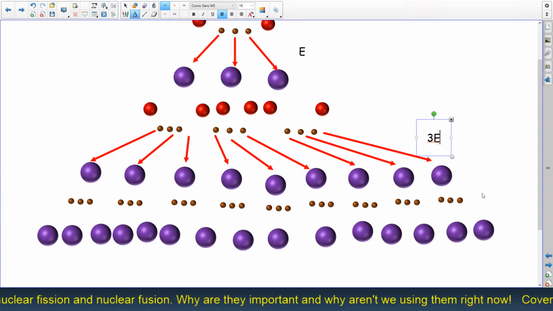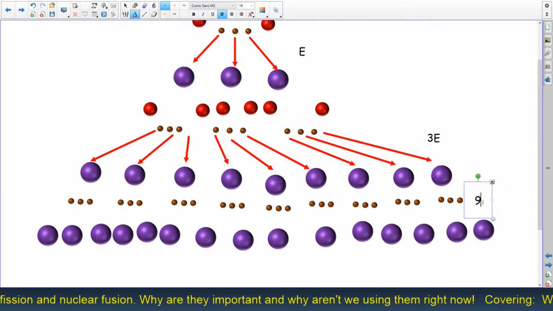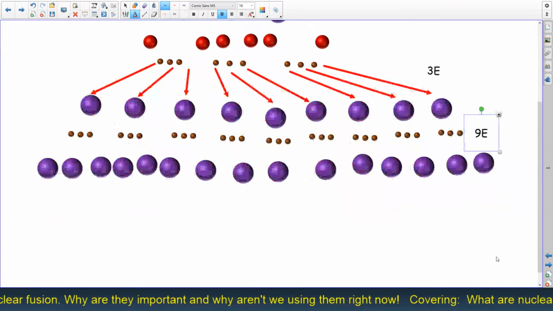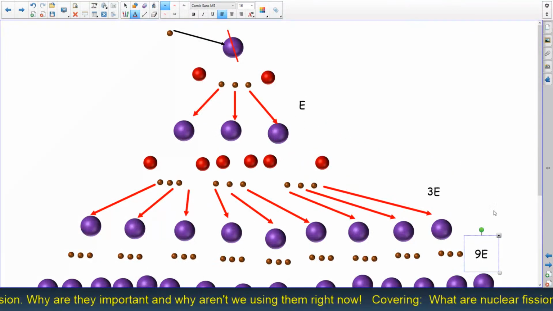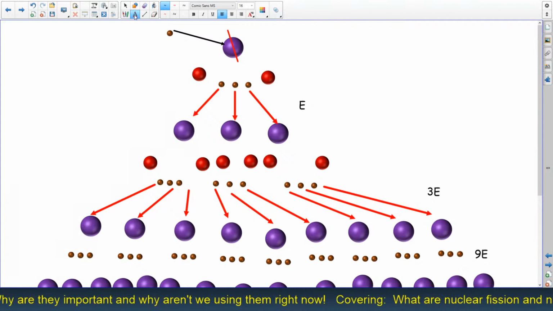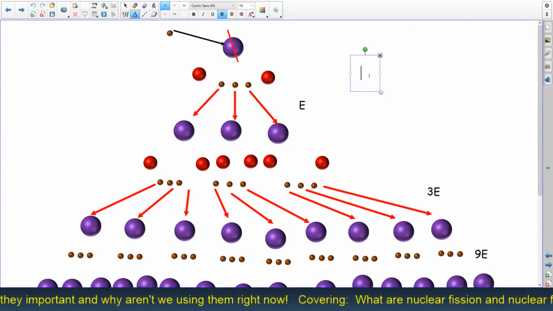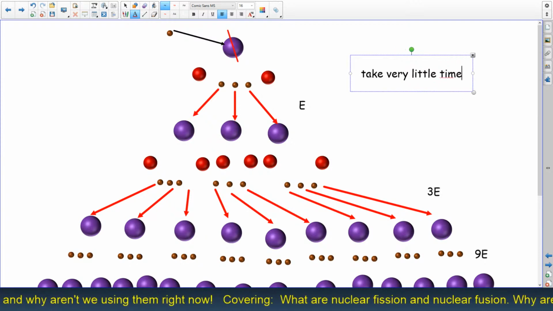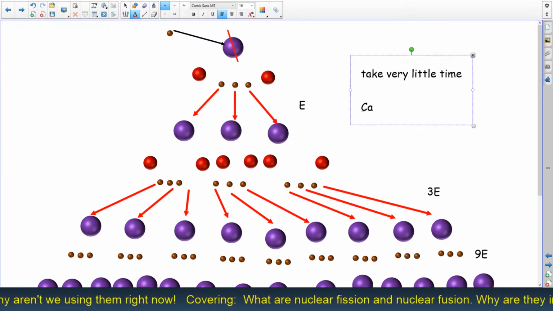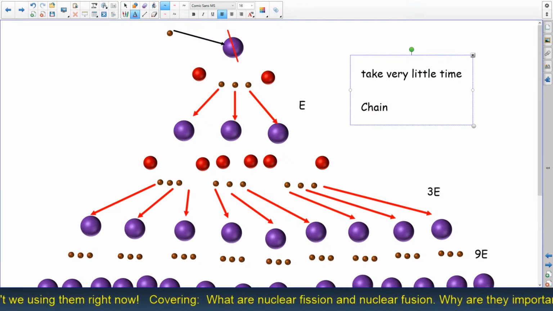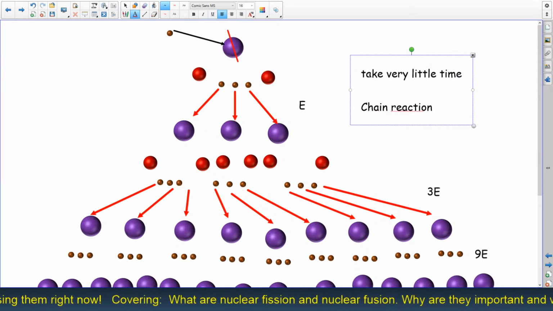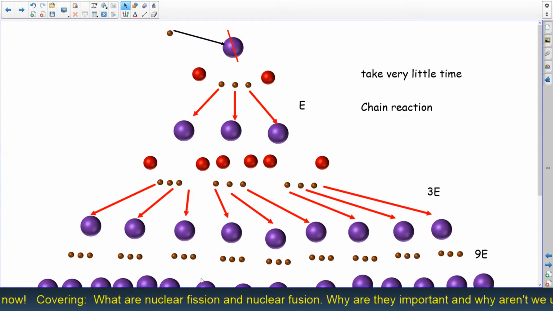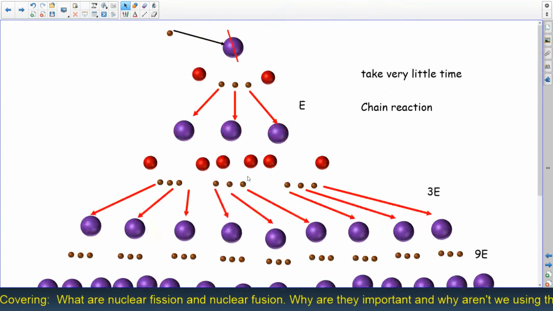But then this level is 9E, and the next level will be 27E, and the next level even more, and we get a runaway reaction where a huge amount of energy is released, and this takes very little time. Okay, this is called a chain reaction, and is the essence of how a nuclear bomb works. That you simply let this process run out of control.